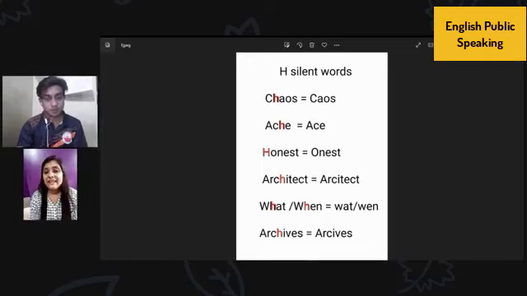So in this way, in the dictionary there are lots of words and we have to pronounce them very carefully, so that when we speak English our pronunciation will be great and people will think that we pronounce every word very correctly. So we always have to remember to pronounce every word very carefully.